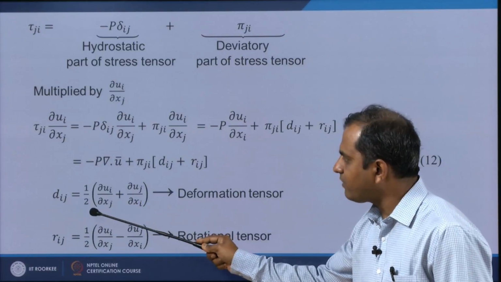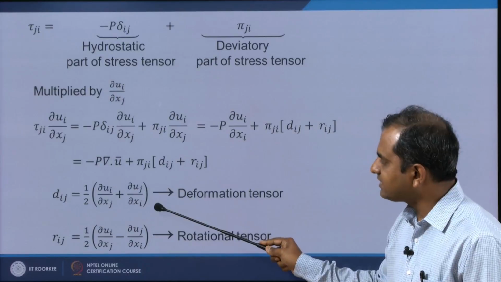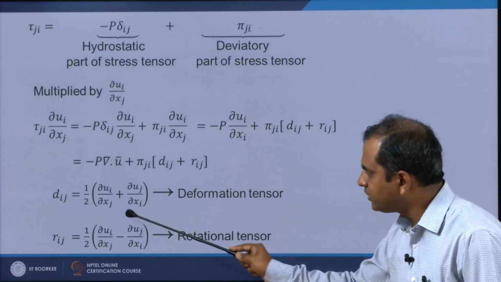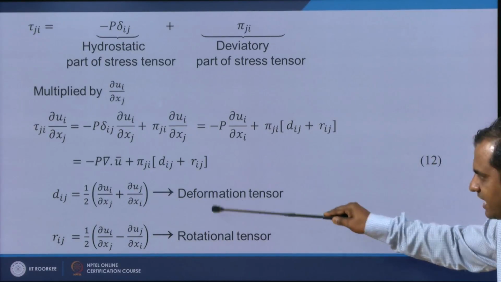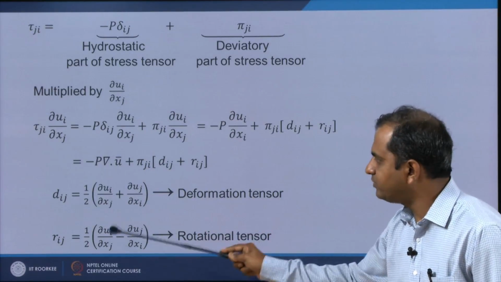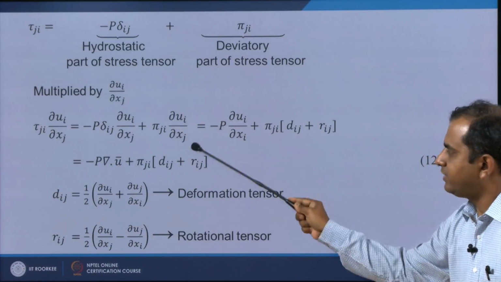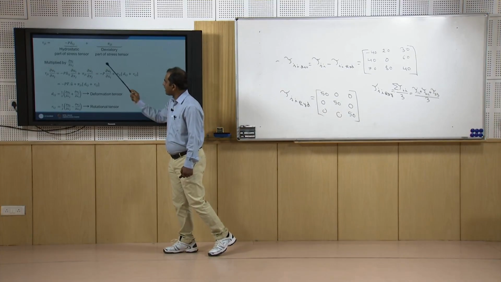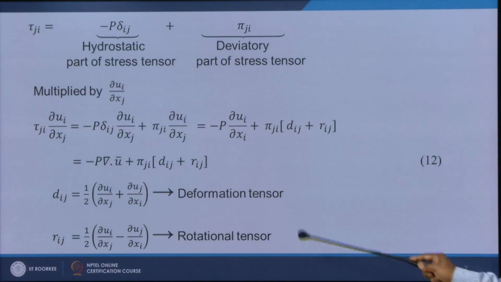Dij is half of del xj of ui plus del xi of uj, and the rotational tensor has equal terms, but in between there is just a change of sign. If you add these two, the last terms will cancel, and half of this plus half of this will become del xj of ui, which is nothing but this part over here. So, this del xj of ui we have written as dij plus rij, deformation tensor plus rotational tensor.